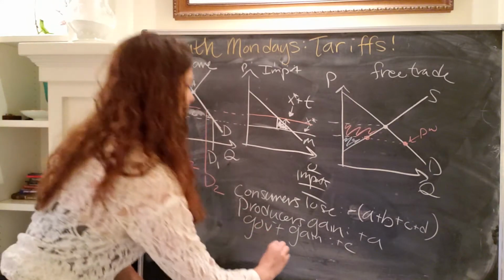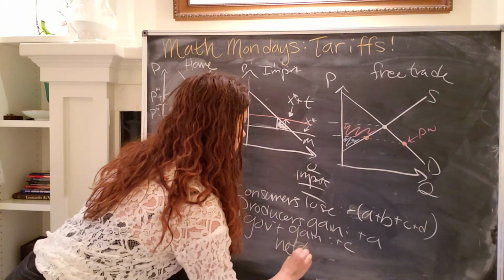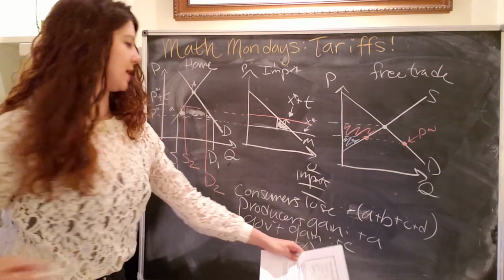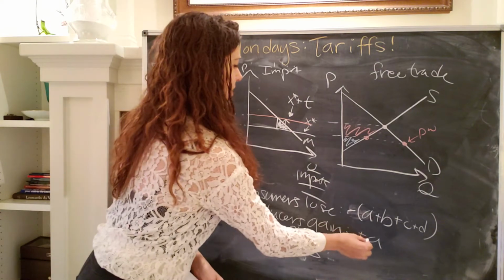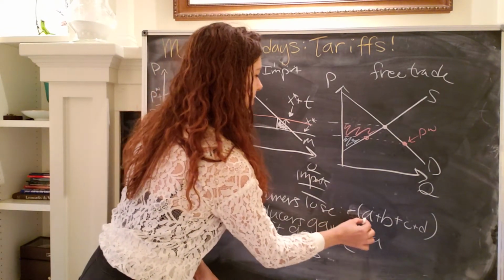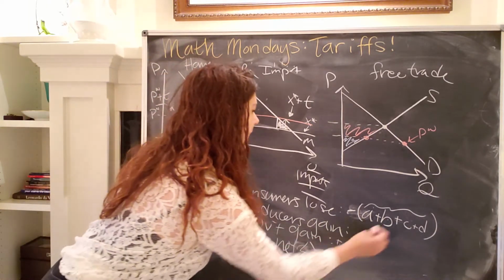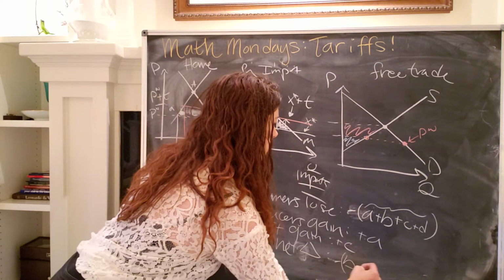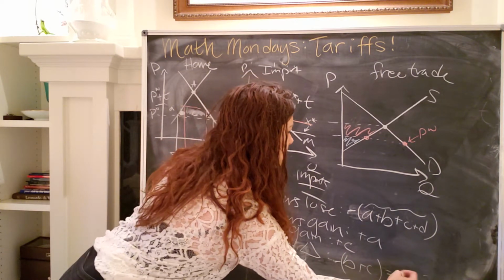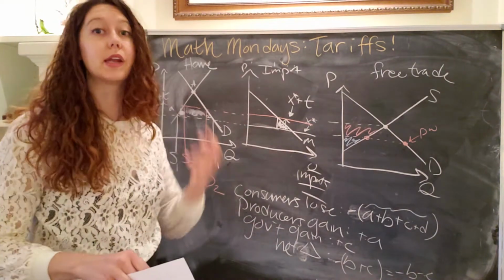But if you want to find the net change, which I'm going to write with the math symbol for change, the net change is A plus C minus this whole quantity. And so we end up with negative B minus C. So the overall change is negative on the economy.